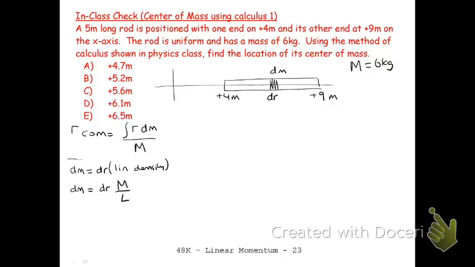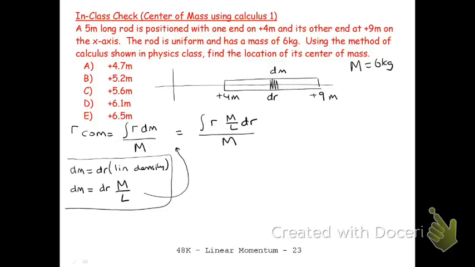So I take that and I substitute it into there. So this equals the integral of R, M over L dr over M. And then I can take out all the things that are constant, so it's going to be M over L divided by M, the integral of R dr. So it's the same as before.